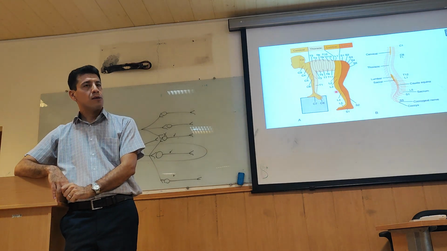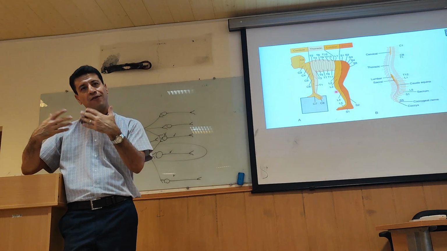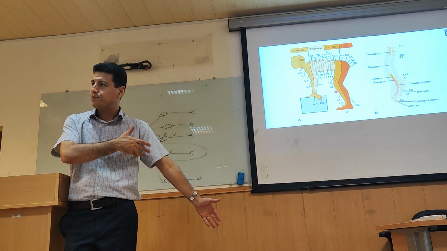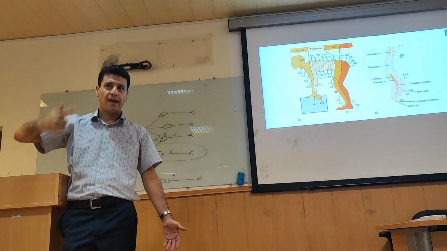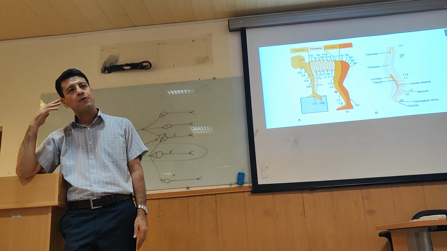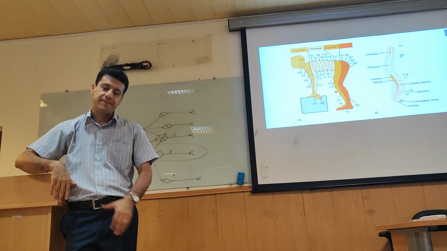Okay? So that's everything about the somatic sensation. And finally, you use this information to predict the place of injury in these clients. Okay? So you can solve clinical problems about the patient, right?